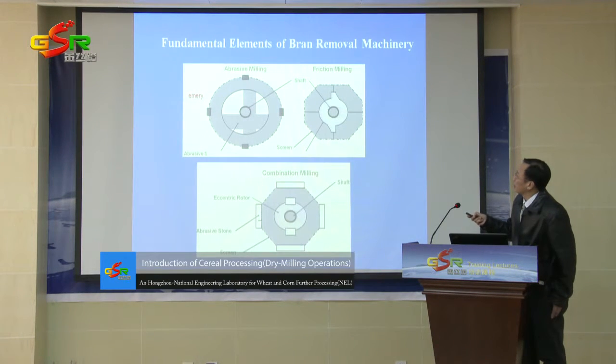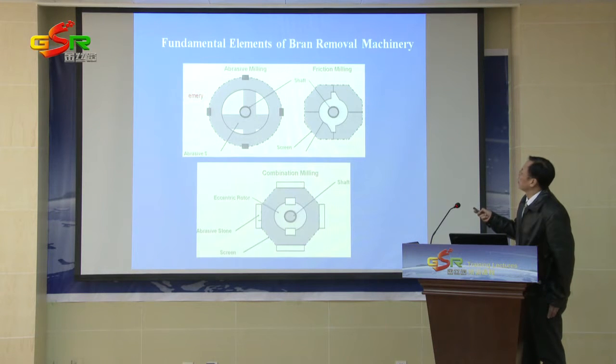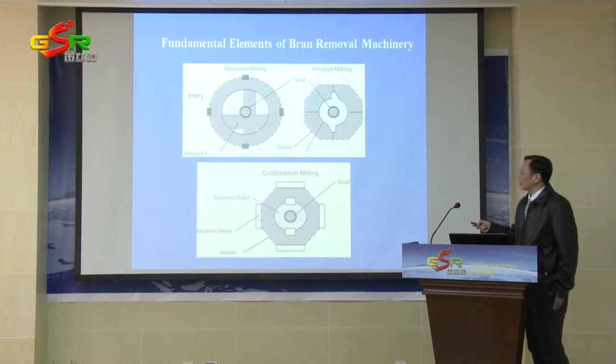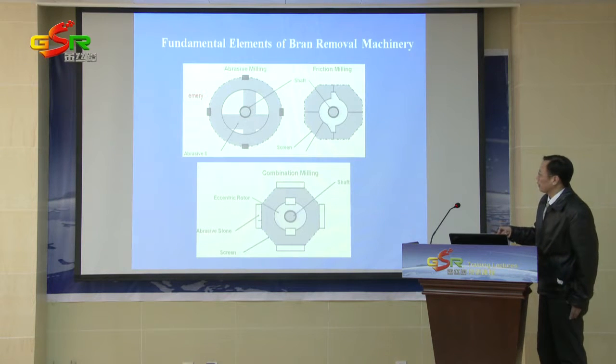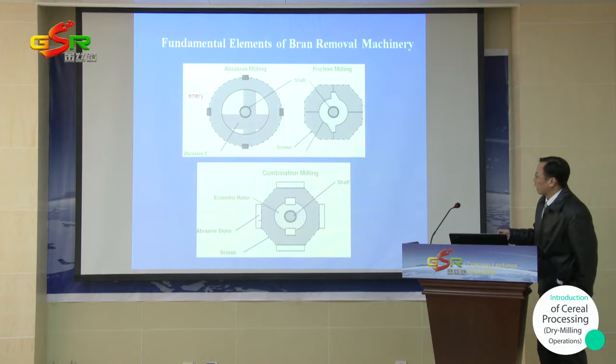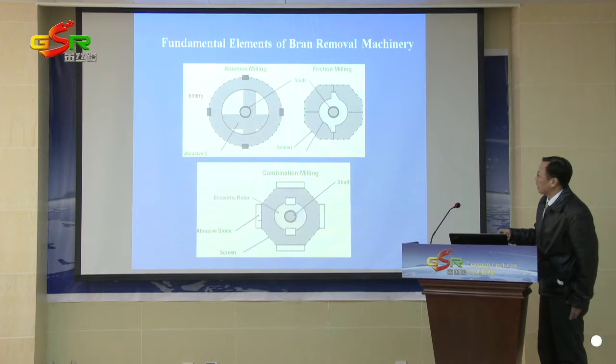And this is friction milling. The surface is smooth. And this is combination milling. From this we can see that the white part is the emery, and this is the smooth surface of the friction stone.